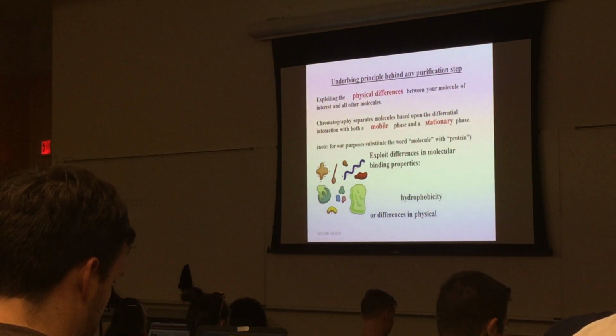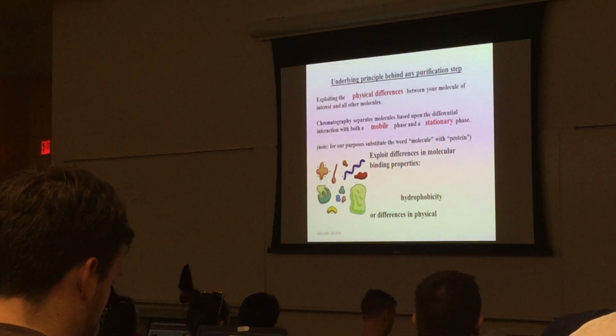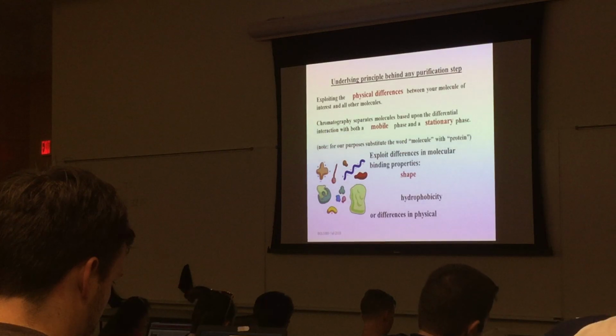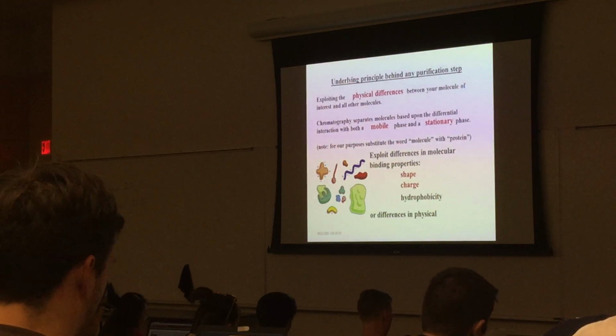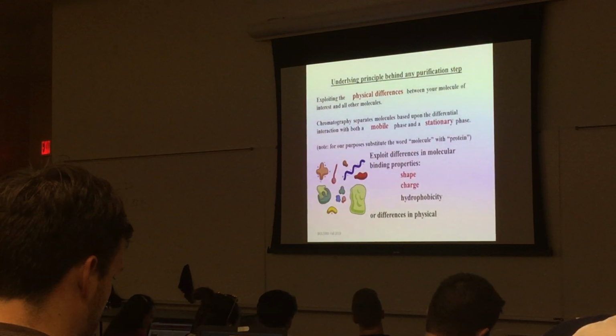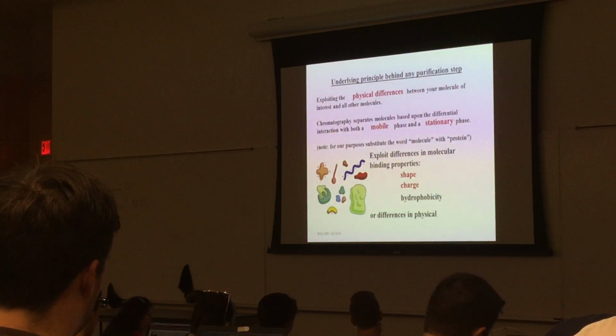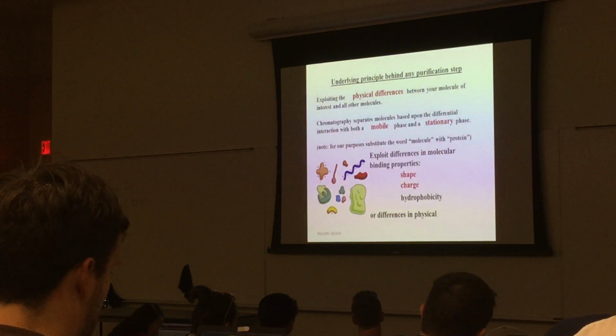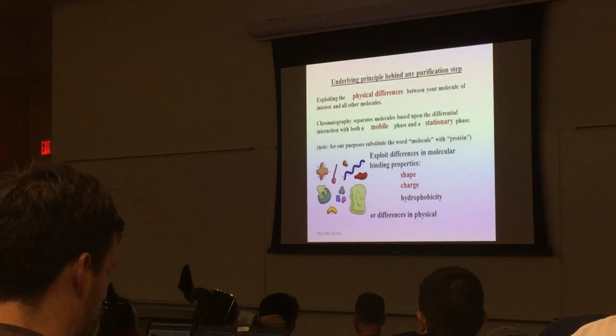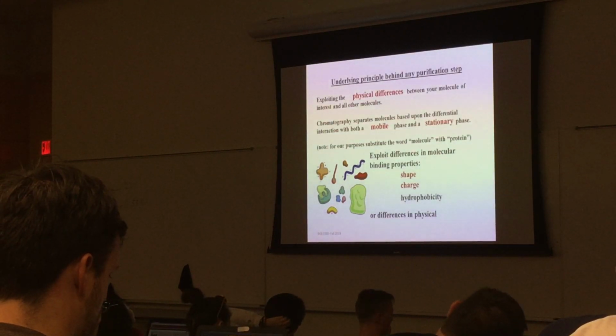And you're going to be exploiting differences in molecular binding that include things like the shape of the protein, the charge of the protein, positive or negative, or the amount of positive or negative, or the location of those charges in reference to the shape. Typically, we're thinking about affinity chromatography in that case.